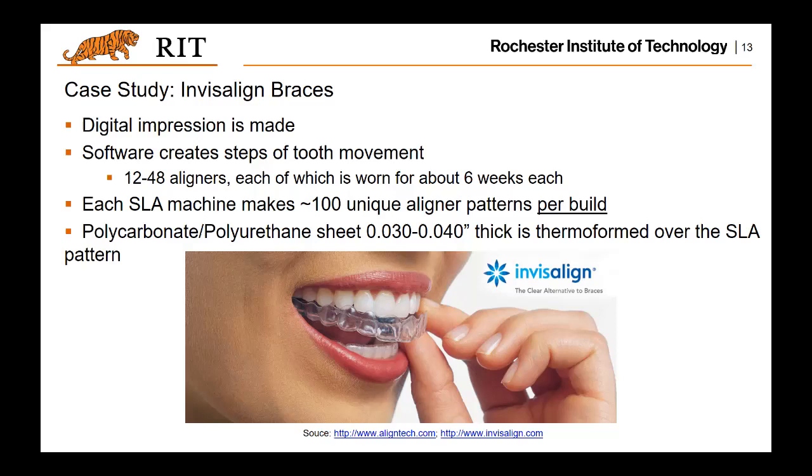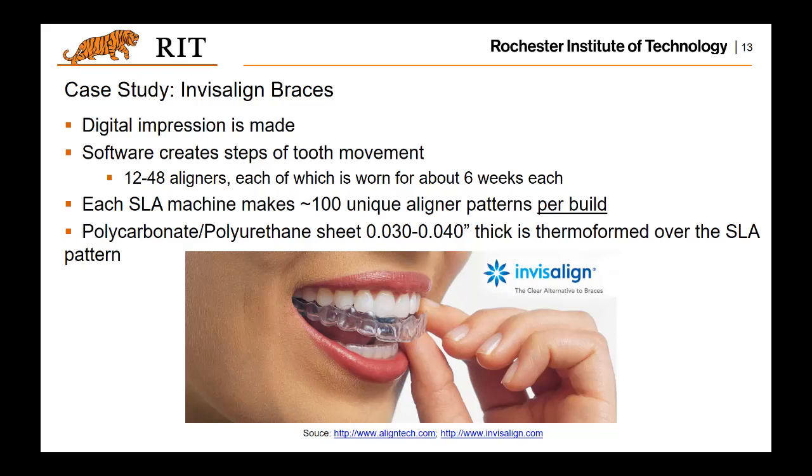Compared to the conventional metal ones, it's invisible. You don't need to wear it all the time. And because it's transparent, it looks nicer when you wear it.